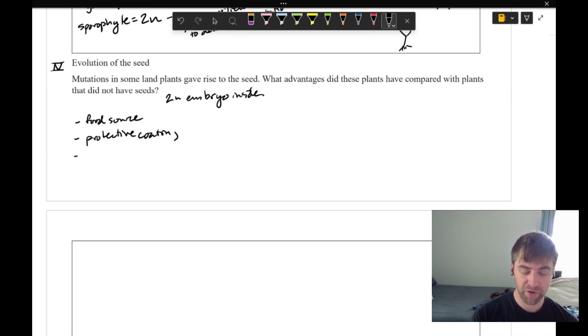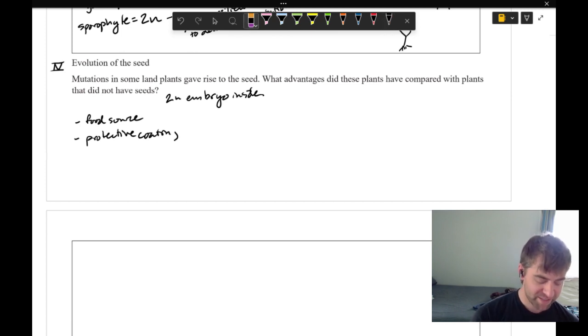Yeah, and this protective coating, these are often very waxy, which is part of what helps protect against dehydration. The image here is, you can think of seeds as an embryo with a packed lunch and a raincoat, if that helps you. This is sent out into the world to make it on its own.